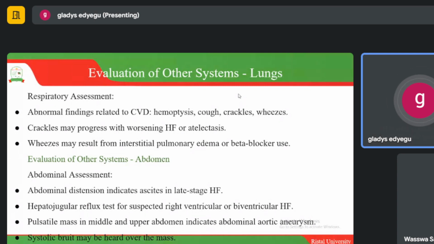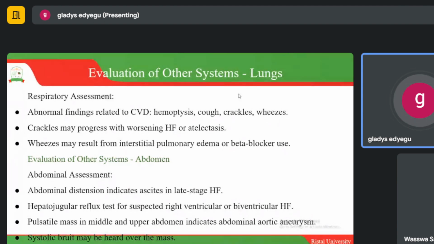About the pulmonary edema, we mentioned something about that. We also talked about crackles and then the atelectasis. So evaluation of other systems, especially the abdomen. We are going to have abdominal assessment as a topic, how you're supposed to assess the abdomen and so forth.